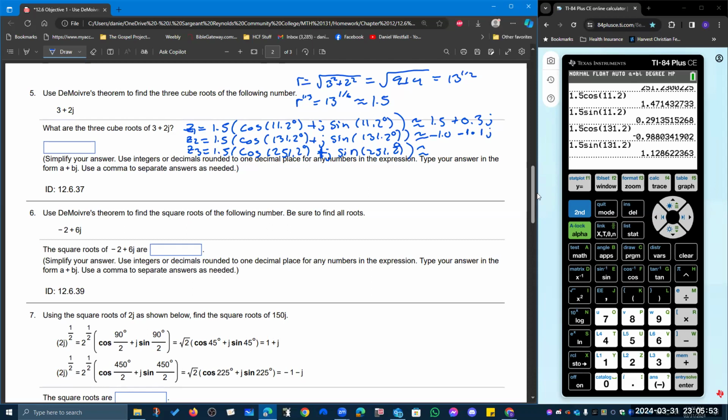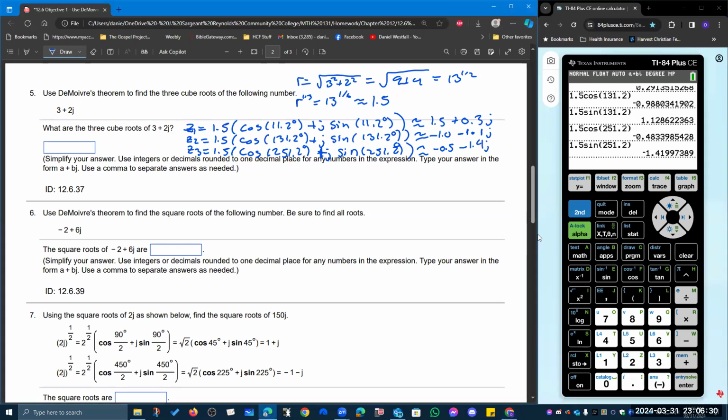And then z3 here is going to be 1.5 cosine of 251.2, which is negative 0.5, then 1.5 sine of 251.2, and I get negative 1.4 j.